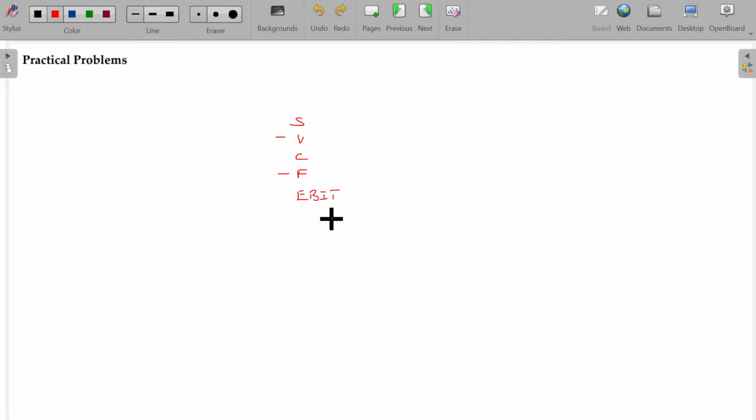From there, we have to subtract the interest also to arrive at the EBT. Then you subtract the tax. Finally, you get EAT. If you subtract the preference dividend, you will get earnings available to the equity shareholders. If you divide this by the number of shares, you will get earnings per share.